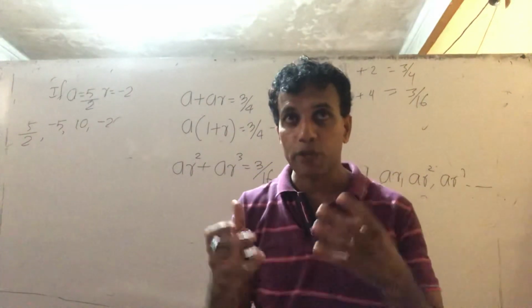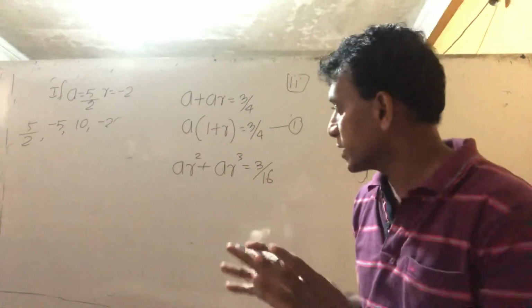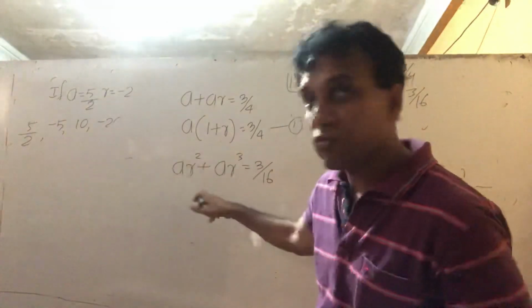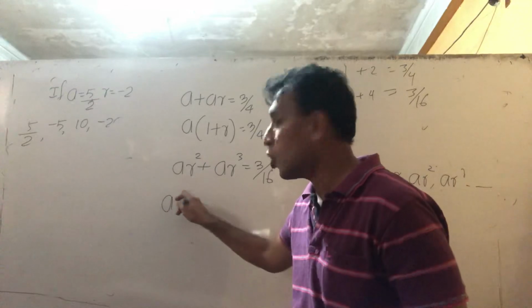It's a long problem, not like the previous one. Some things may be confusing since we are using them for the first time. So improve the knowledge, see how I am showing this method. In this case, always try to take the common factor out. What is the common factor here? A is common and R square is common, right?